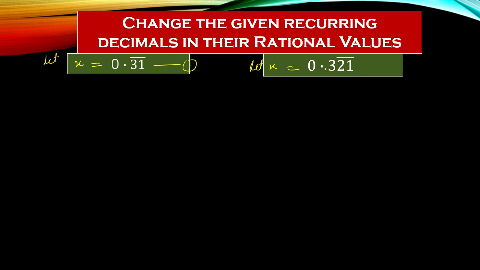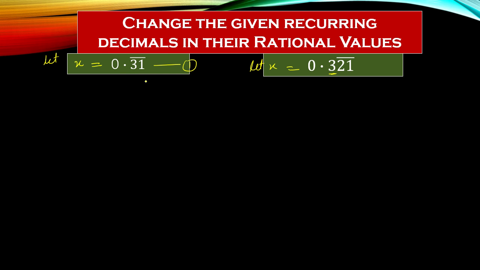In the second example, the bar is not starting immediately after the decimal, because here we find a bar-free digit, that is 3. So we cannot take this as equation 1. We have to wait, and if the bar starts immediately after the decimal, we can take that equation as equation 1.